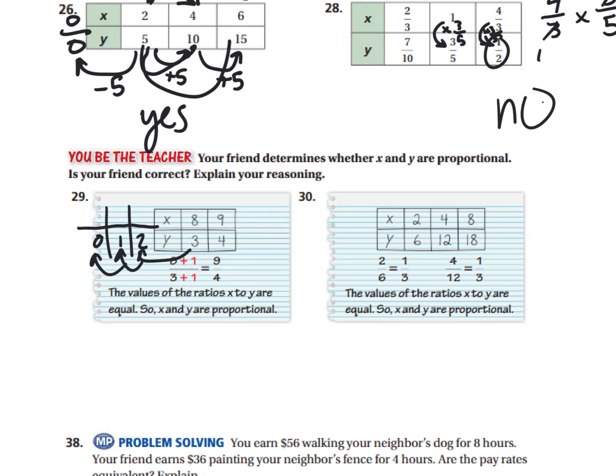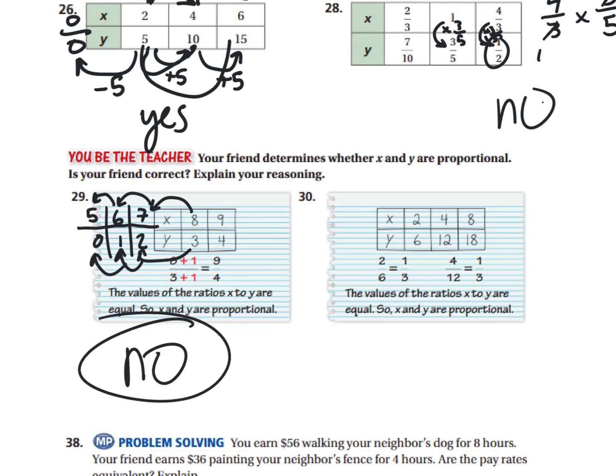Notice also they're subtracting up here, so 8 minus 1 is 7, 7 minus 1 is 6, 6 minus 1 is 5. I get the point 5, 0, which is not 0, 0. So this would be a no. And your reasoning would be it doesn't go back to 0, 0.